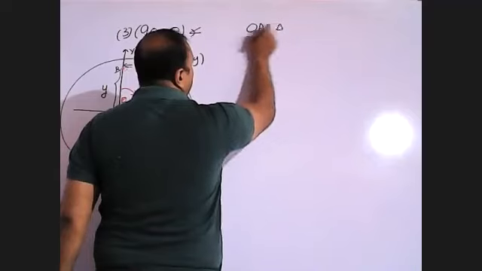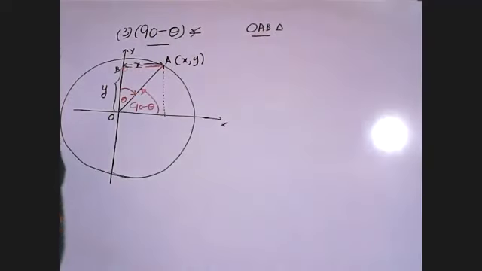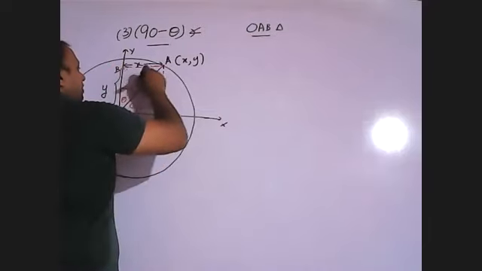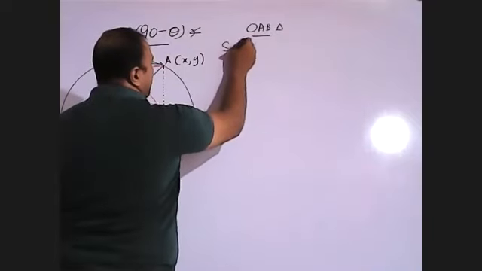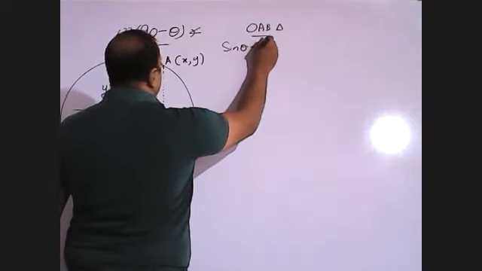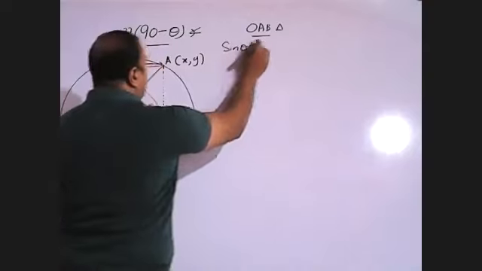Sine theta is equal to opposite side over hypotenuse.